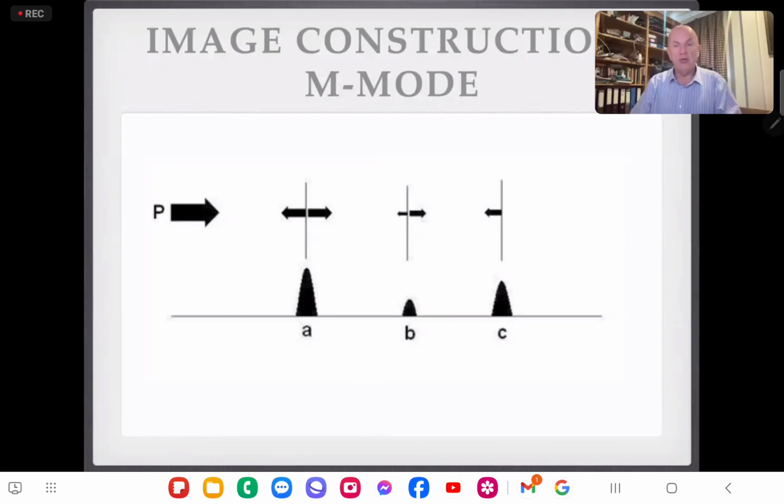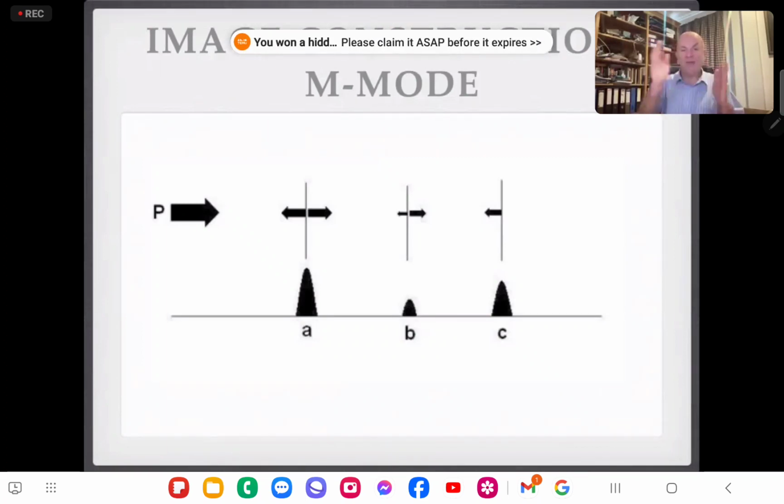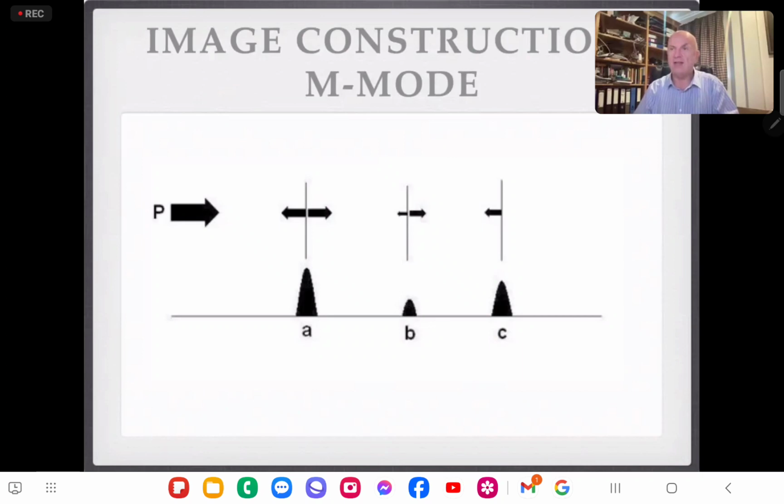If you know that you're moving at 3 meters per second, and it took 2 seconds to get the first reflection back, then it must have moved 3 meters per second for 2 seconds. It must have moved 6 meters, because distance is speed times time. So 6 meters there and back. So the reflection must have happened 3 meters away. So you can put a cross 3 meters away and say there's a reflecting surface there.